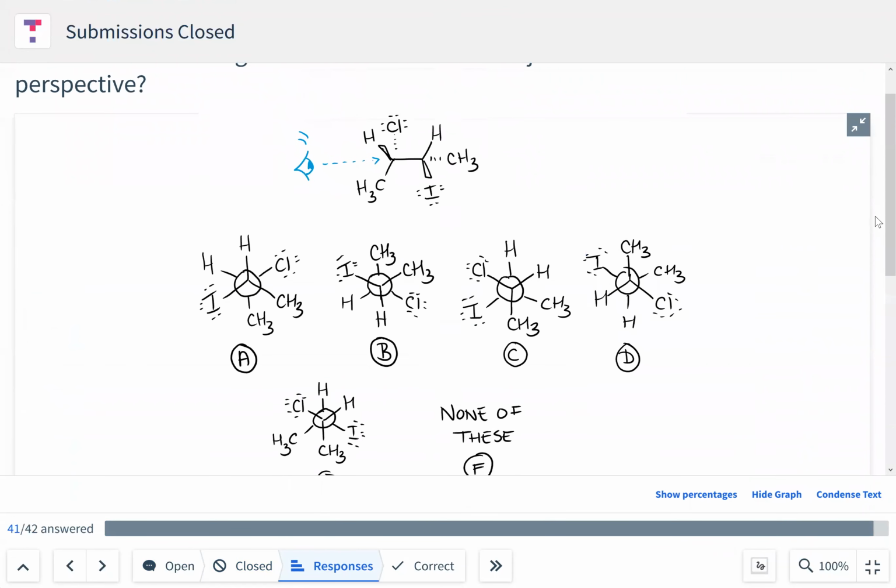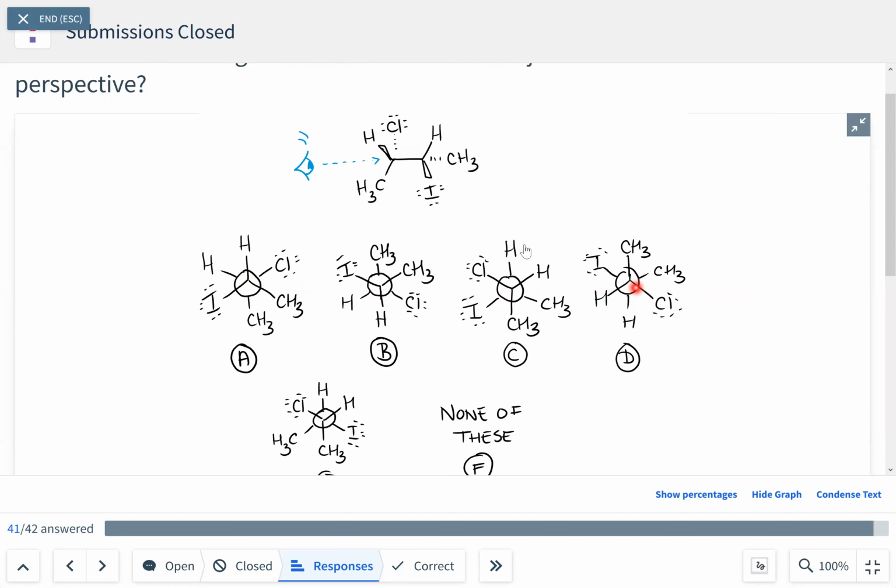Okay, so how do we tackle this? So when we're drawing a Newman projection, and we're looking at it in this direction, this carbon here is going to be the little dot, the front of all of these, from which these three bonds are pointed away. The back carbon here is the large circle. So the back carbon is the circle.